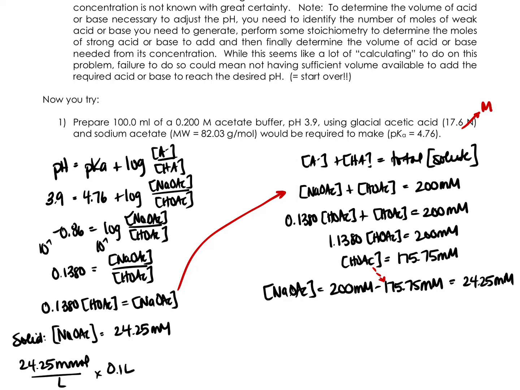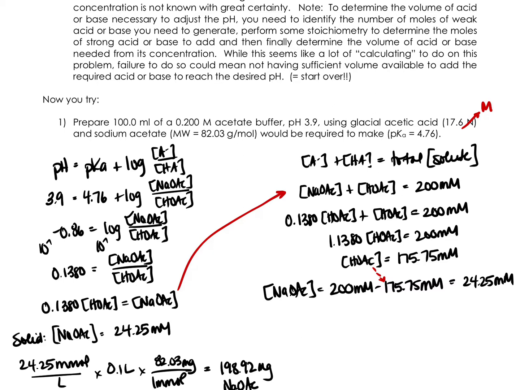We're going to be making 100 milliliters, so 0.1 liters. Molecular weight, 1 millimole is 82.03 milligrams. That ends up being 198.92 milligrams of our sodium acetate.